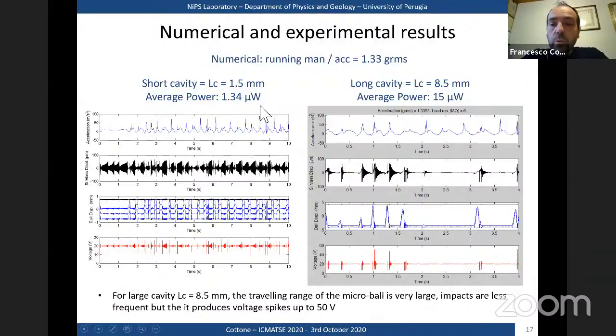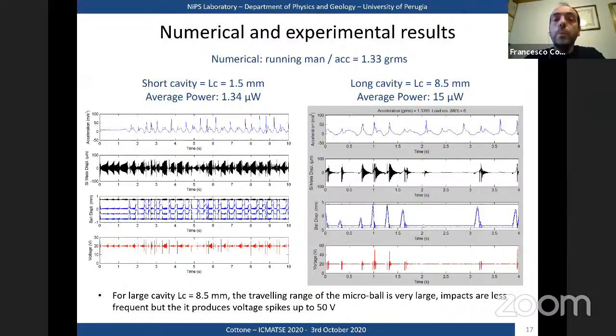So by varying this, we also change the mechanism of the frequency up-conversion, the mechanism behind the energy transfer from low frequency to high frequency. This is very interesting because we can optimize the device for a specific application. For example, if you want to use the device to get energy from human movements, from walking people, or from a heartbeat, for example, in order to power a pacemaker.